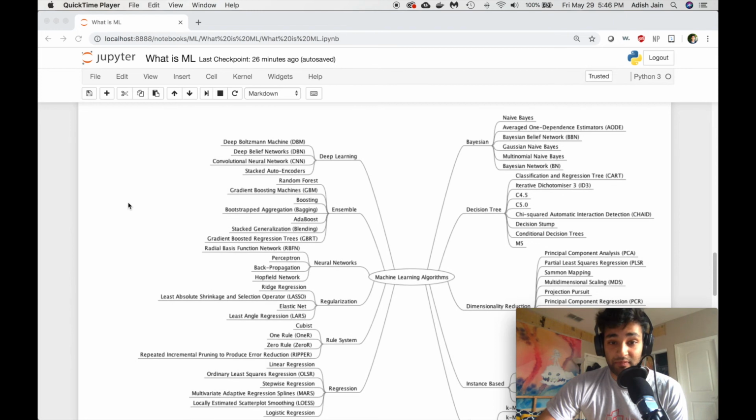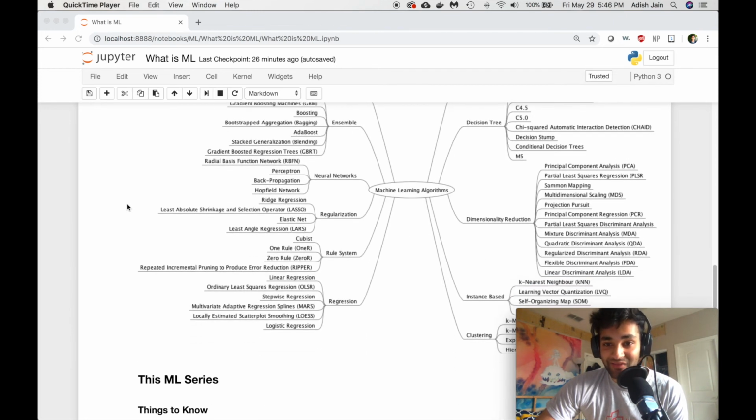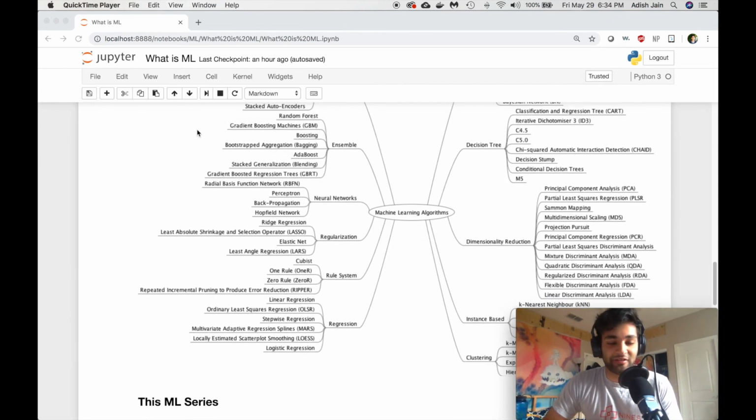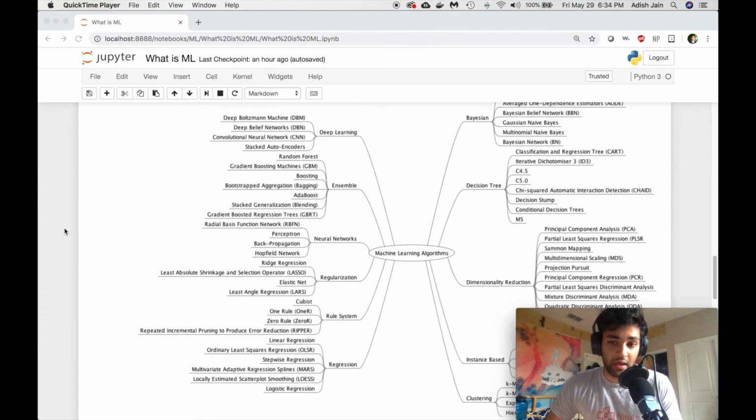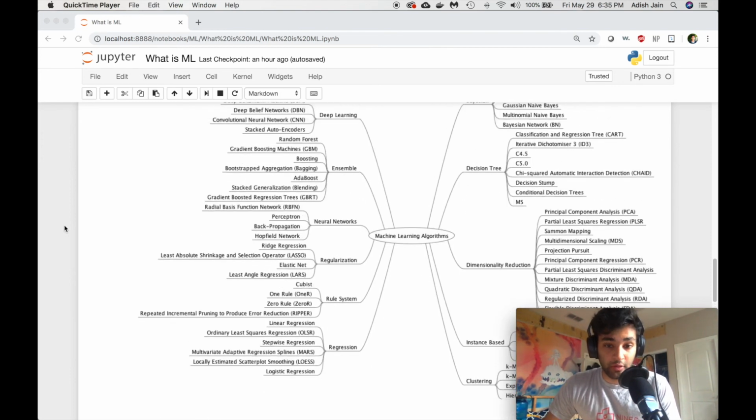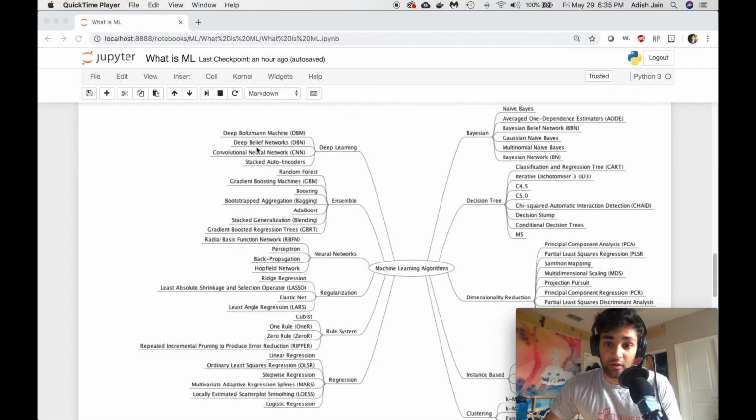And I'm not going to go through all of these algorithms here, but I did want to include this diagram just to help you as you track through your ML journey, you can see where you are in reference to this assortment of algorithms that exist.